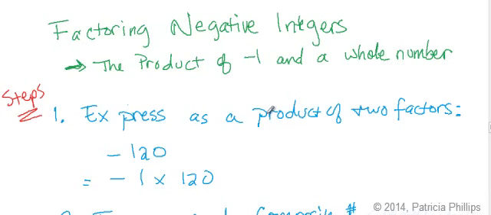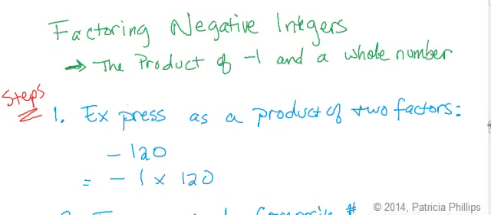So if you were factoring -10, then you'd be thinking in your head that the first thing you're going to write is that the factors are -1 and the whole number 10. Then you would take the composite number, which is going to be 10, and factor that 10 out. And you remember what we were saying before, a composite number is a number that has more than 2 factors. So usually that other whole number that you're multiplying is going to be the composite number.